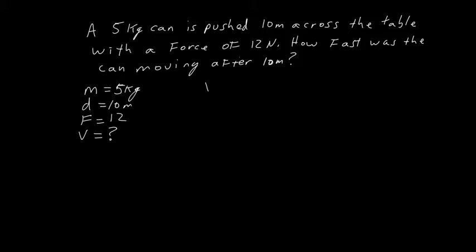So we know work equals the change in kinetic energy. Work is force times distance. Kinetic energy is 1/2 mass velocity squared. Now it's the change in, so technically it's final minus initial.